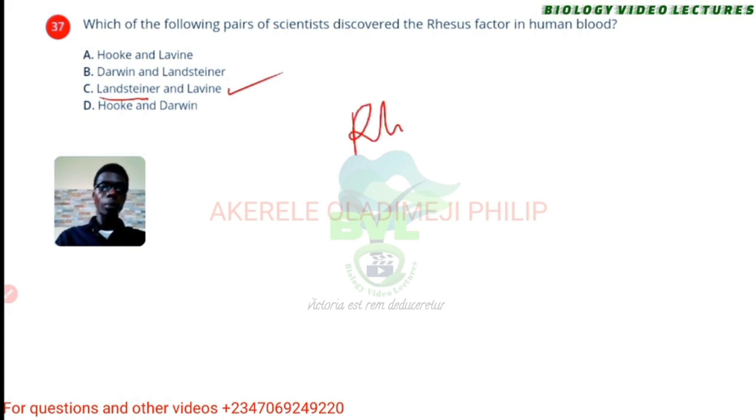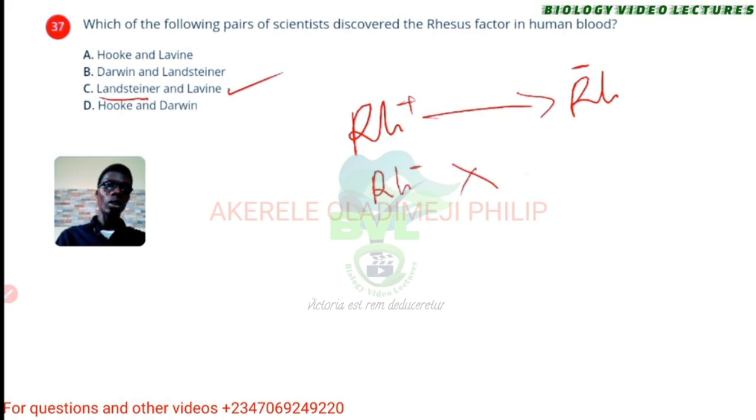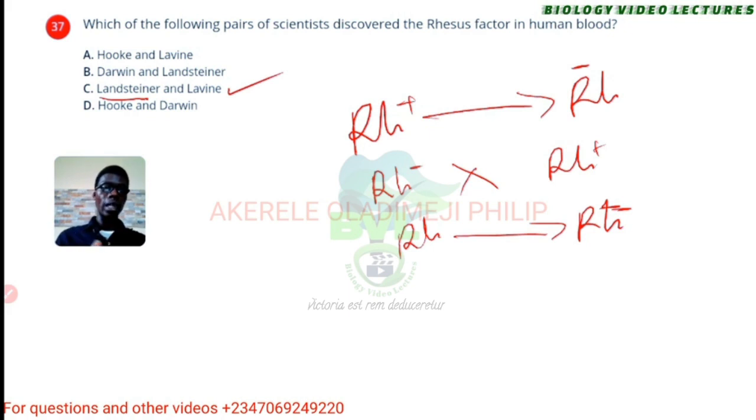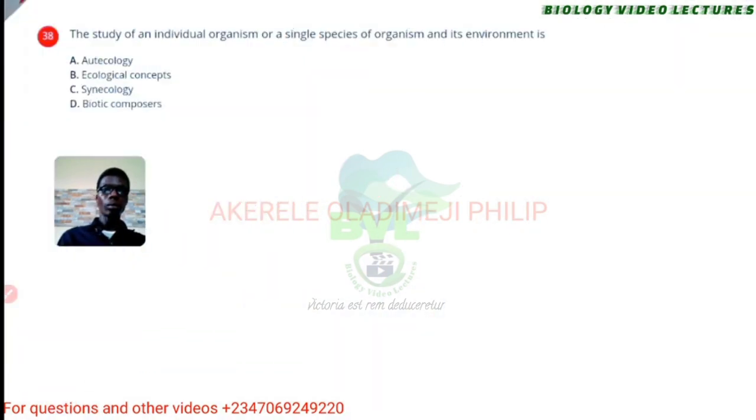So what I'm saying is Rh minus can give to Rh plus. But Rh plus cannot give to Rh minus. So Rh plus can only give to Rh plus, which means they can only give to themselves. All right. So moving on.